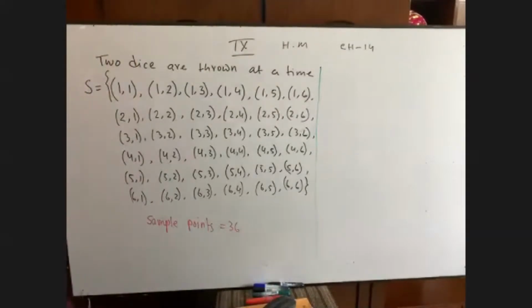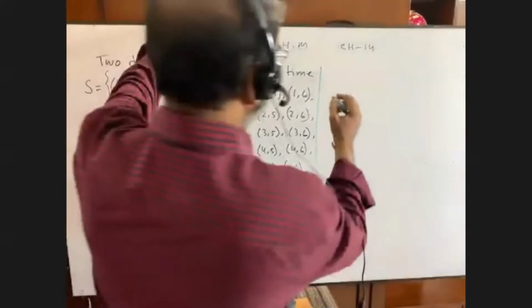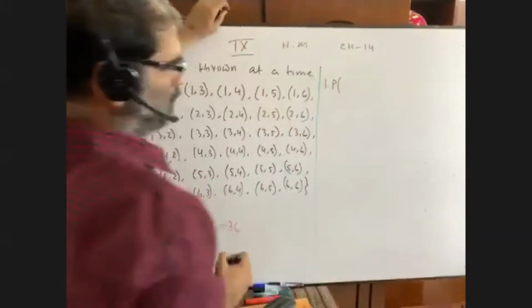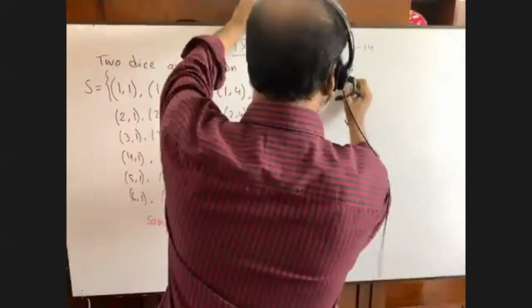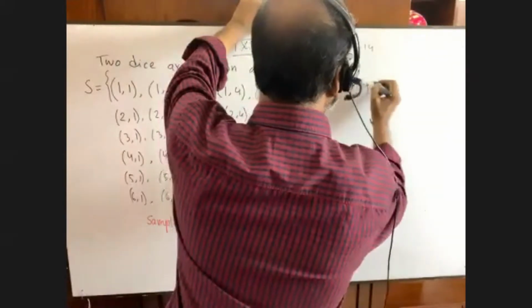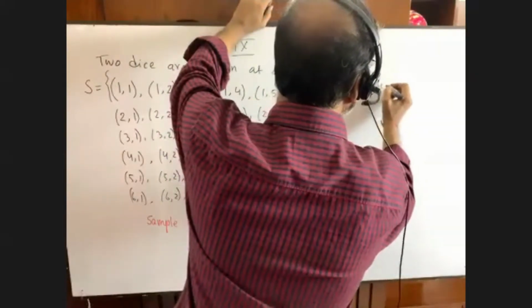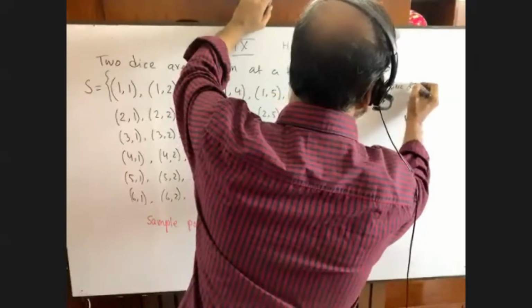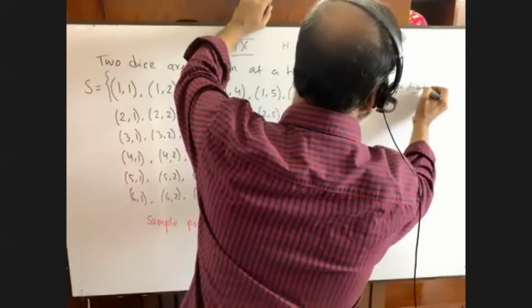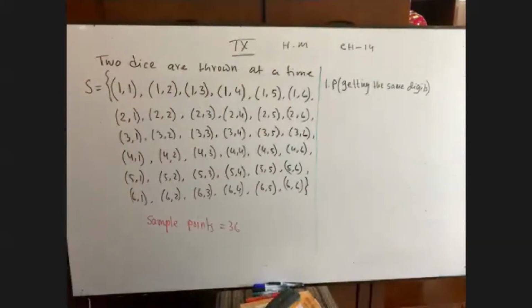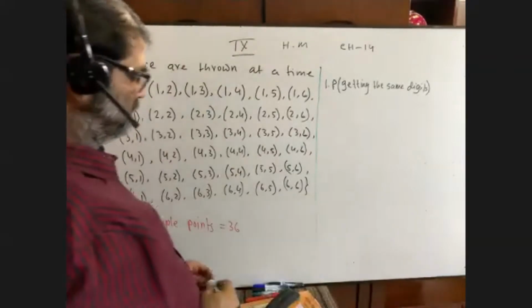Now, number one: the probability of getting the same digits. What will be the answer?